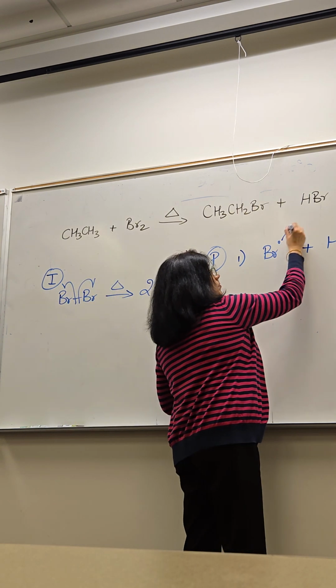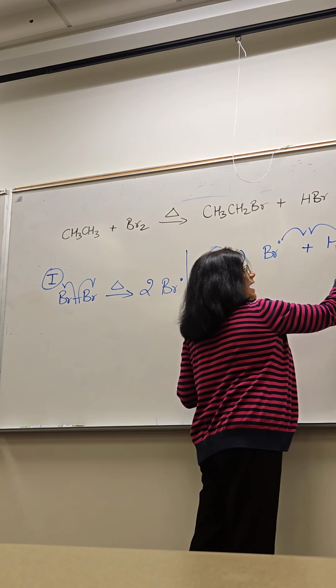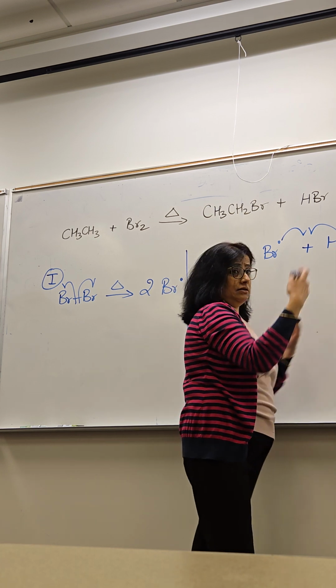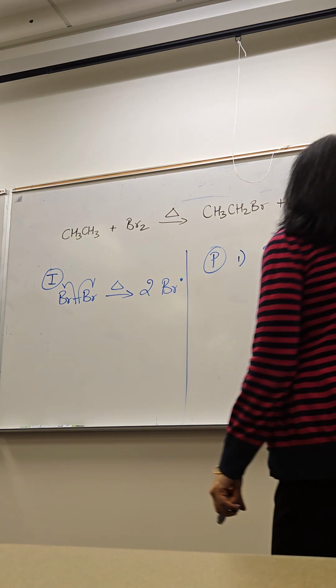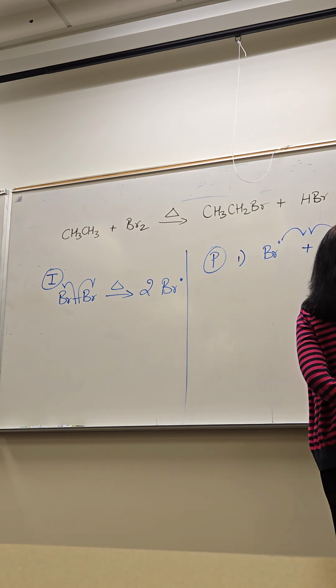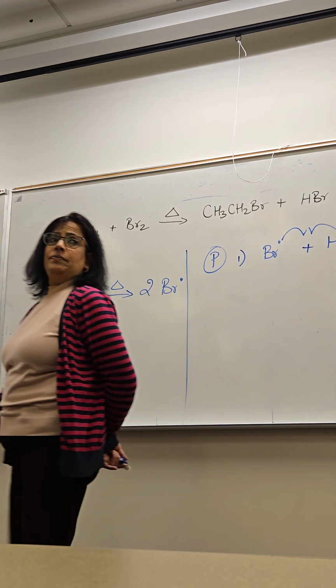Bond created, radical used, and bond broken, radical created. So what is that creating? It's creating HBr, and it is creating a radical. Agreed? Step 1.